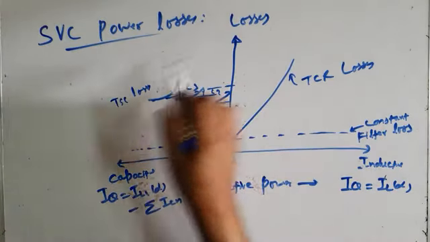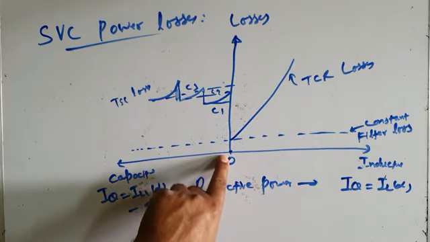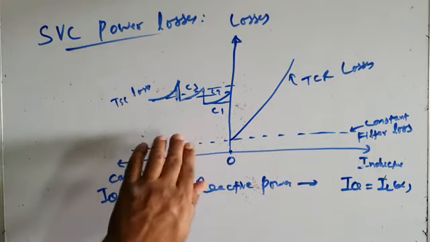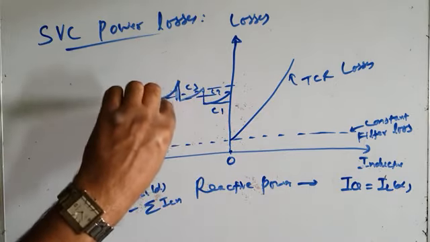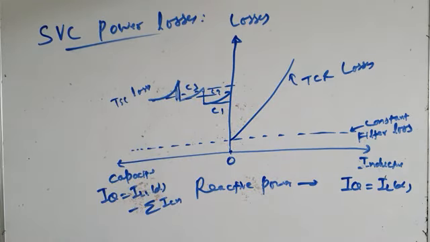So these are the various losses of this SVC. At zero reactive power compensation, there are minimum losses. But as the TSC branches are switched in, losses will increase both in the TSC branches as well as in the TCR branch. So there will be more and more losses. Okay.